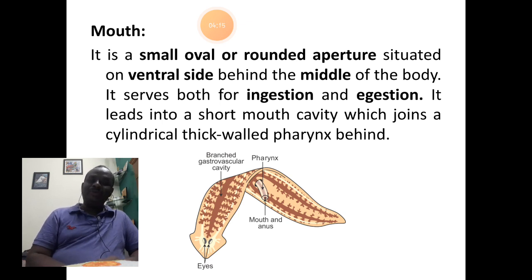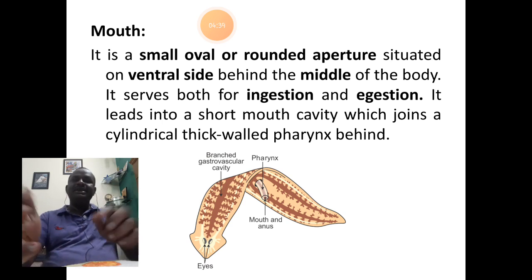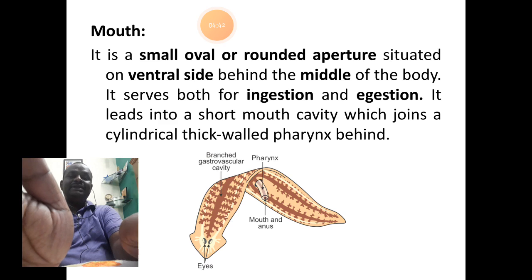Mouth leads into a short mouth cavity which joins behind a cylindrical tubular pharynx. So that's the importance of the mouth structure. Students, remember, mouth is a round oval aperture seen on the mid-ventral side of the body, which does the function of ingestion and addition of the digestive waste.